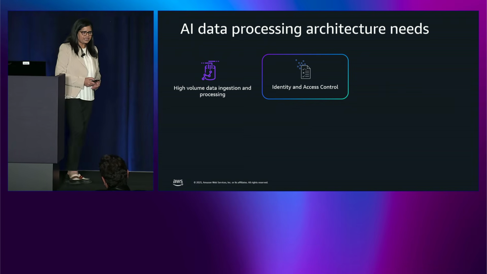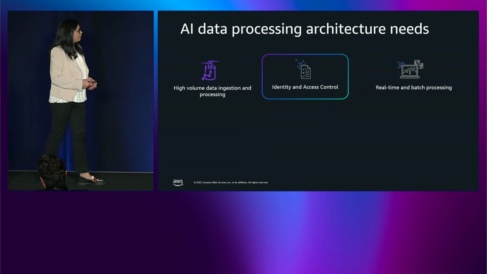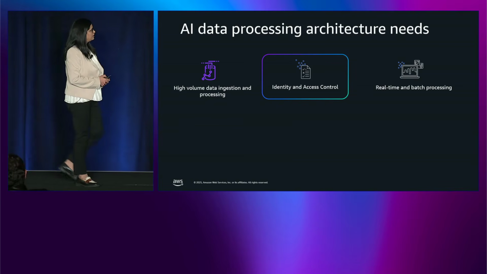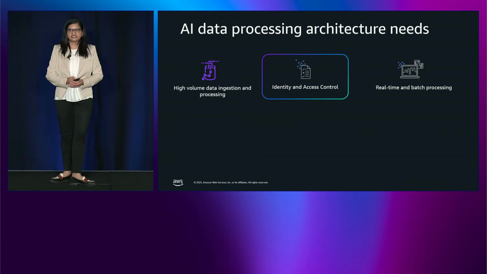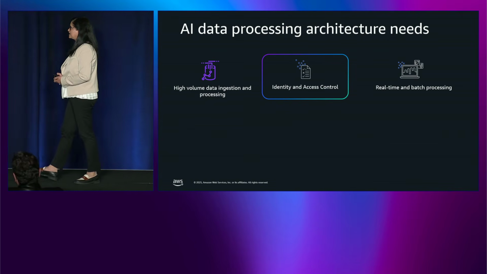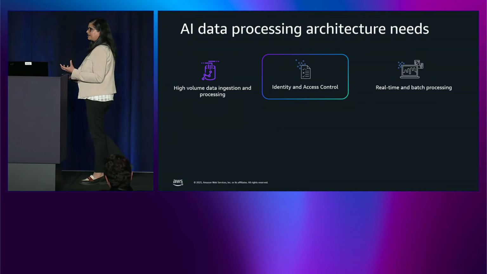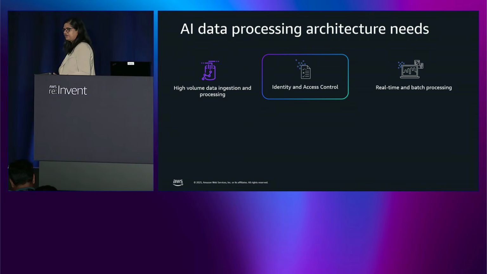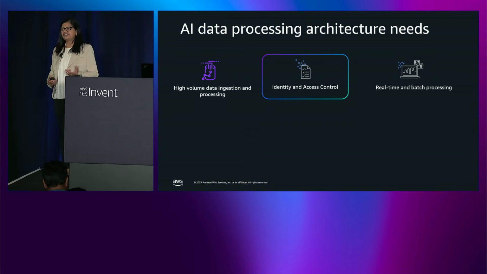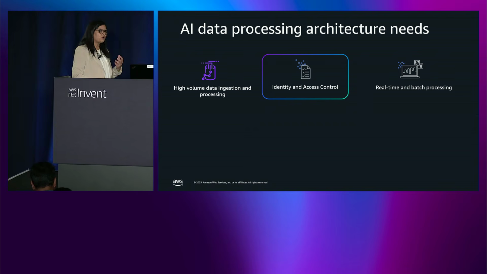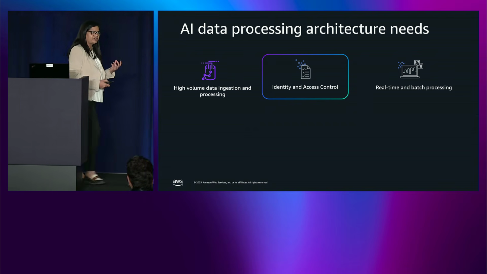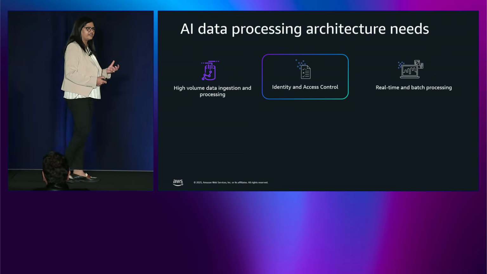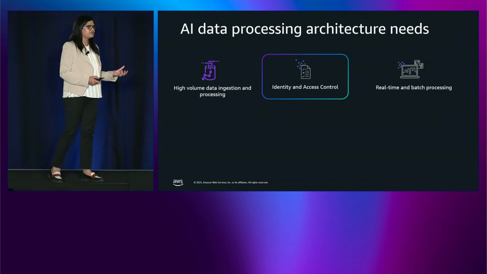In addition to that, you want to think about real-time and batch processing. This is critical as you get events generated. The AIs are pretty chatty. The user interaction chat is generating a lot of data. So is the data that you get from events generated through your devices, your streams, and so on and so forth.